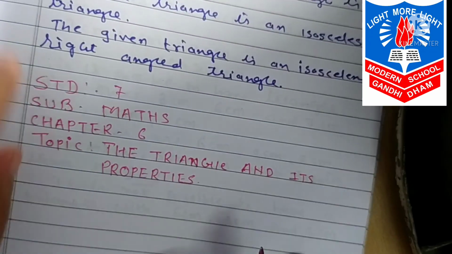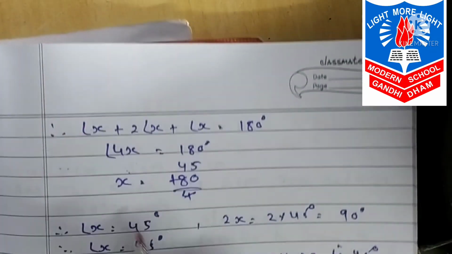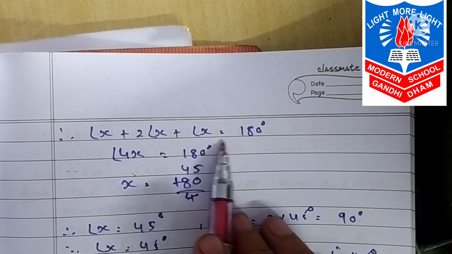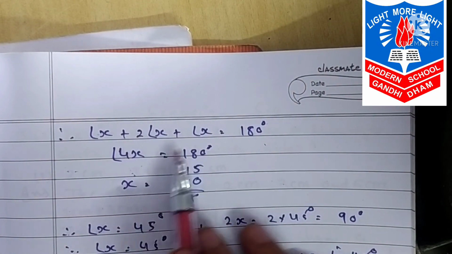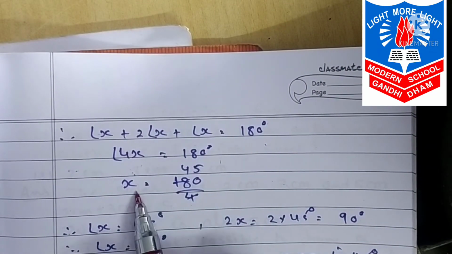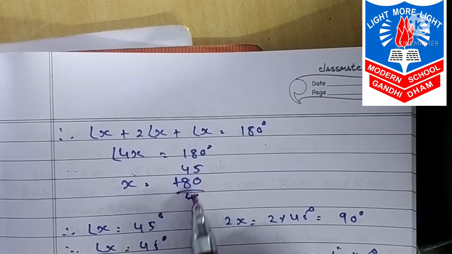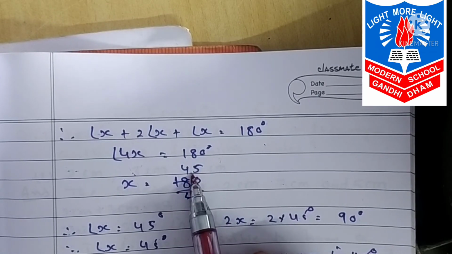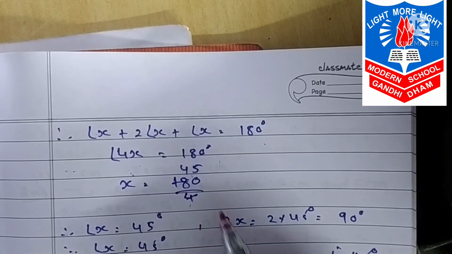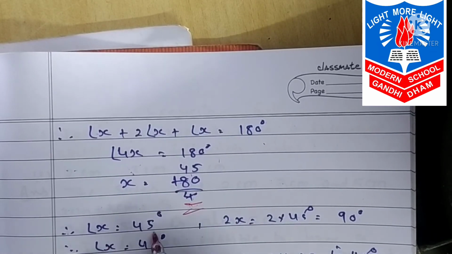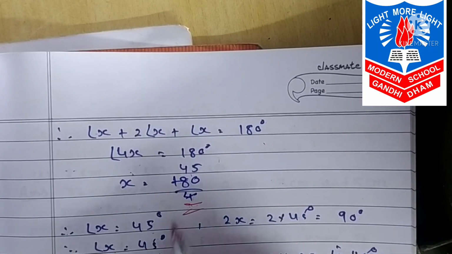Then x plus 2x plus x is equal to 180. So 4x is equal to 180, therefore x is equal to 180 divided by 4, which is 45. Here x is equal to 45.